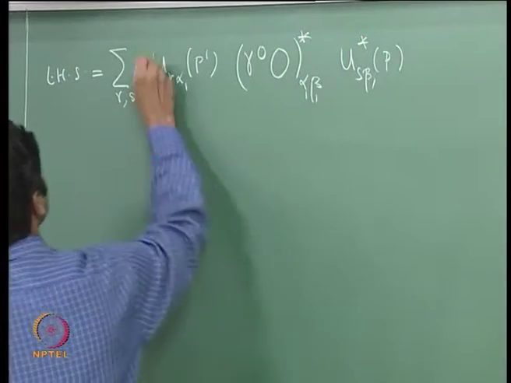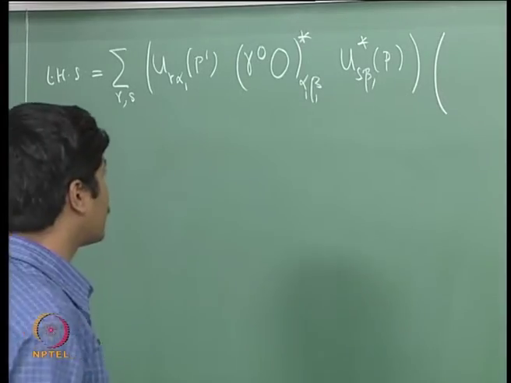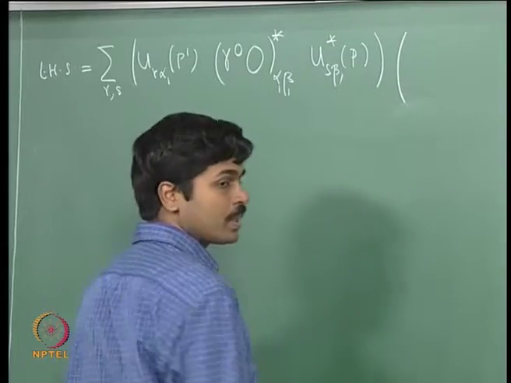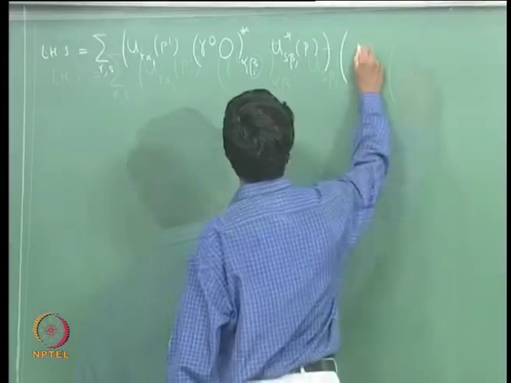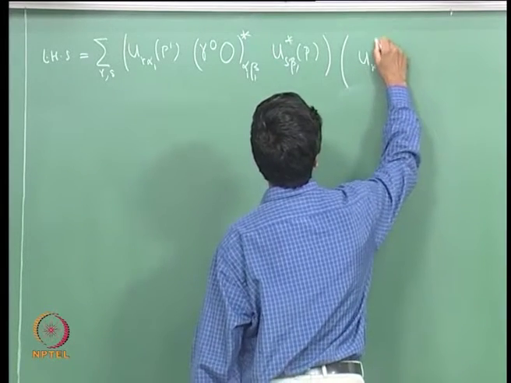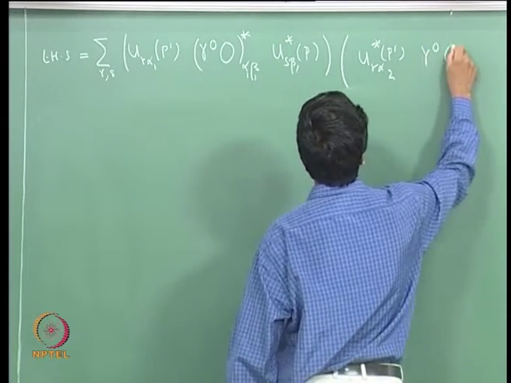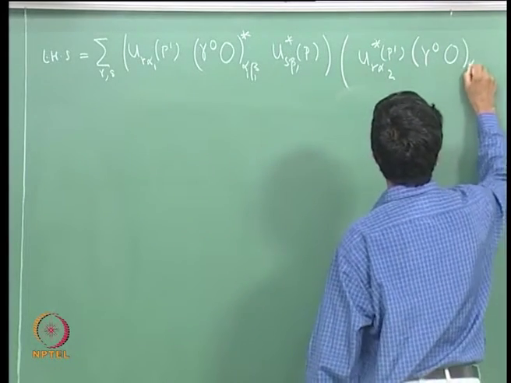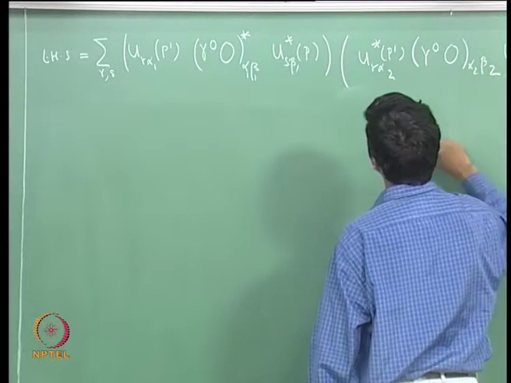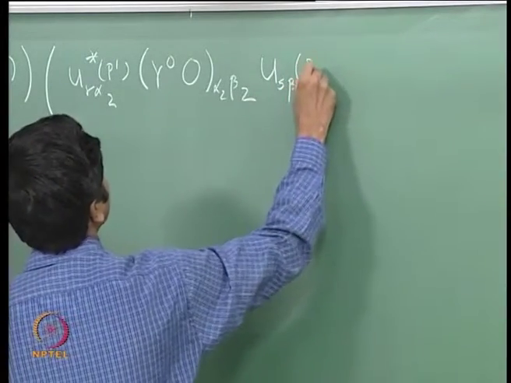This times the same quantity which appears there, except that we will use alpha 2, beta 2, etc. for the Dirac indices. So, u r alpha 2 star of p', gamma 0 O alpha 2 beta 2, u s beta 2 of p.